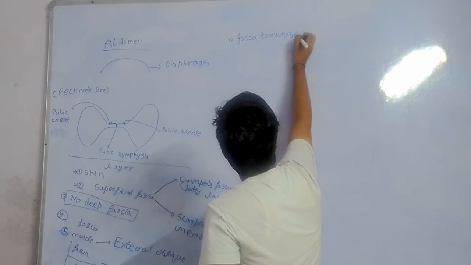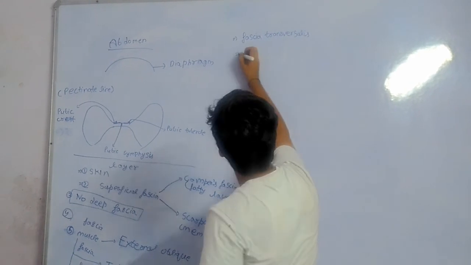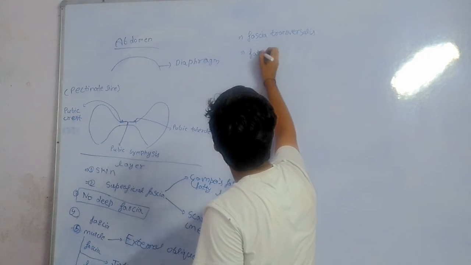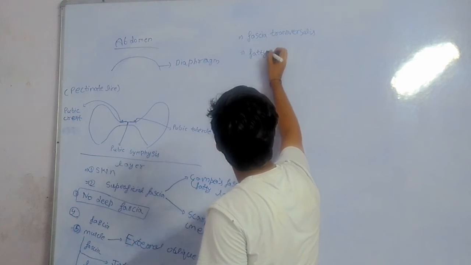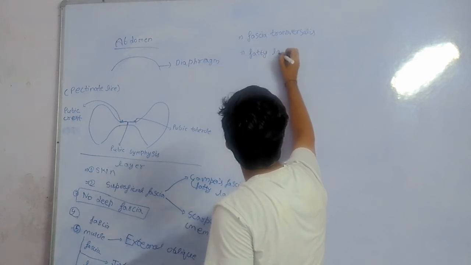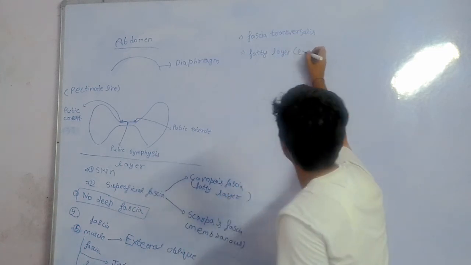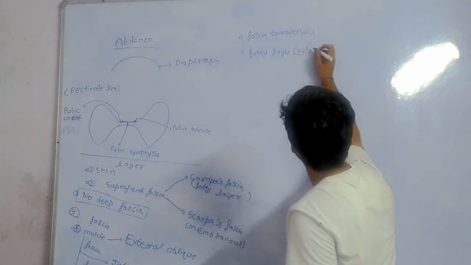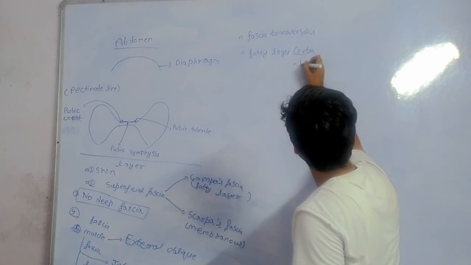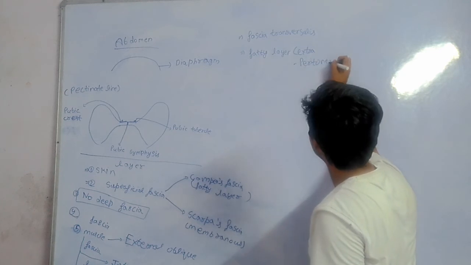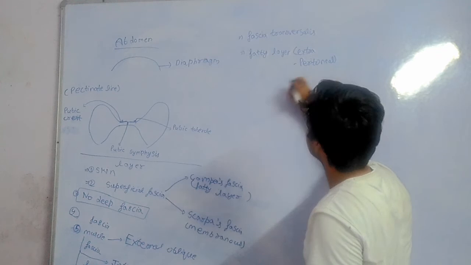And then a fatty layer which is called extraperitoneal tissue, extraperitoneal fascia.